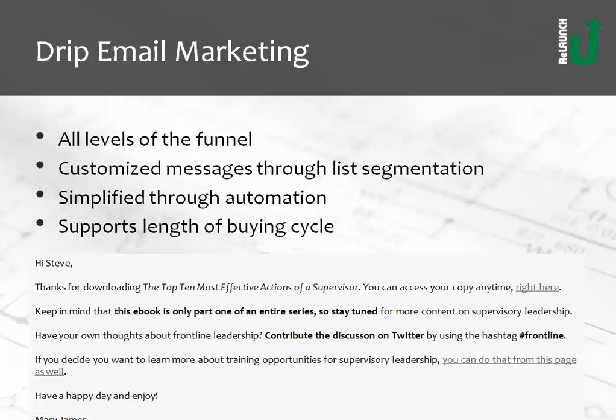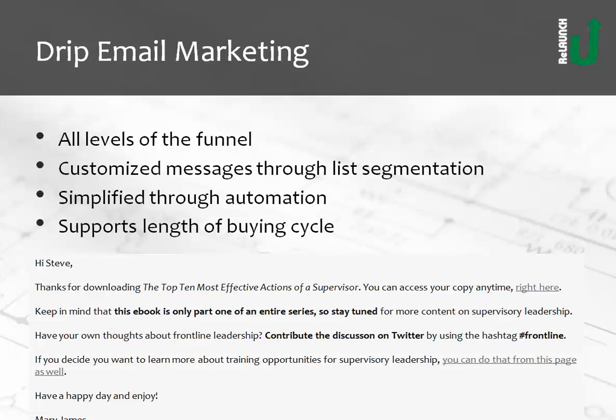Now, what ties it together is drip email marketing. This really goes through all different levels of the funnel. You're creating customized messages, and you're doing that by segmenting your email lists. Often segmented by the buyer persona, but it could also be segmented by a few other criteria. It just depends on how you want to set it up.